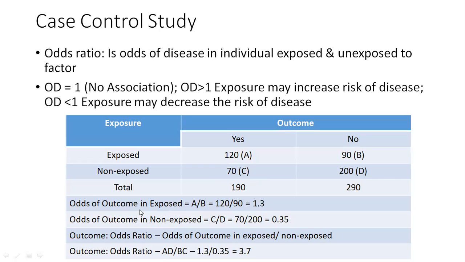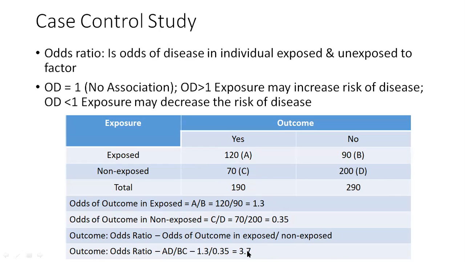So the odds of outcome in exposed is those who developed the disease over those who did not, a ratio coming out to be 1.3, and in non-exposed it comes out to be 0.35. So when we look for the odds ratio, it is odds of outcome in exposed over non-exposed, and the value comes out to be somewhere around 3.7.